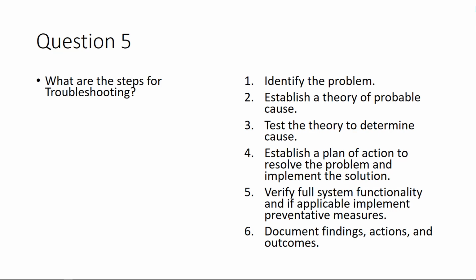And if applicable, implement preventative measures. Last, document. Sometimes you'll see these steps broken up into 7 or 8 steps. That's because this one could be 2. Pay attention to that "and." Or this one could be 2. Again, pay attention to the "and." So, steps 4 and 5 could be 2 separate ones.